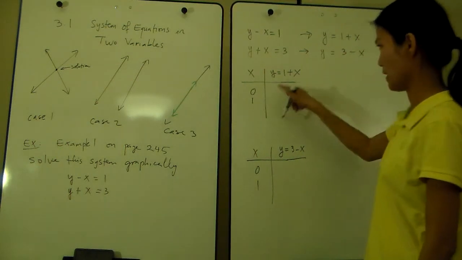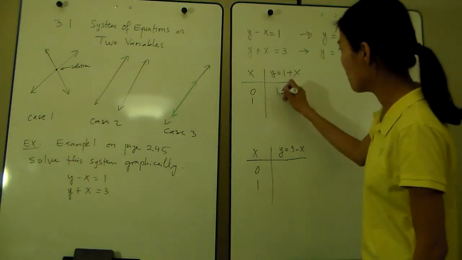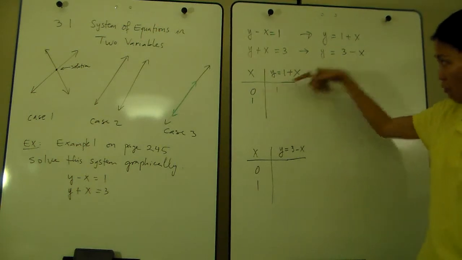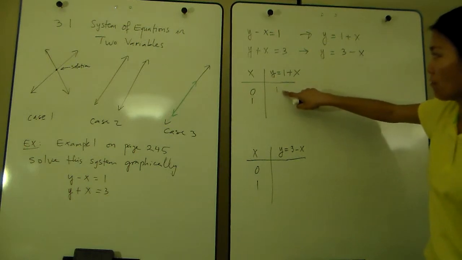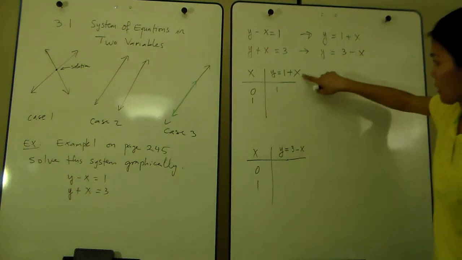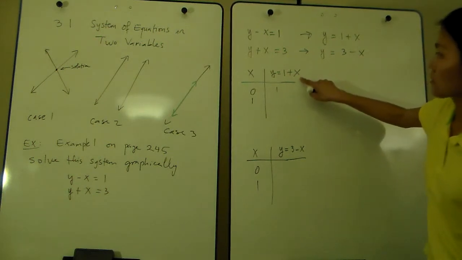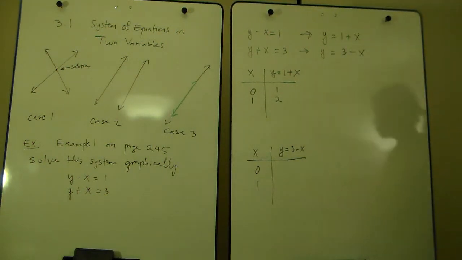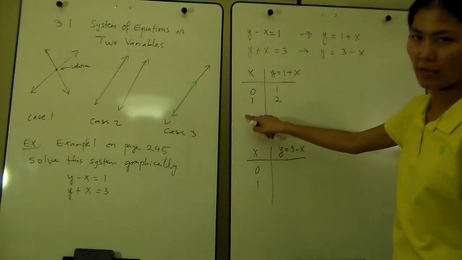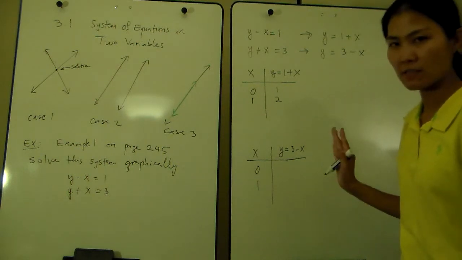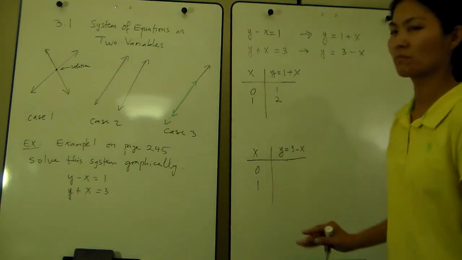When x is 0, substitute x equals 0 here: 1 plus 0 is 1, so y equals 1. Substitute x equals 1 here: 1 plus 1 is 2, so y equals 2. For a quiz or test, make sure you find one more point to check your work, but I'm pretty sure it's correct.